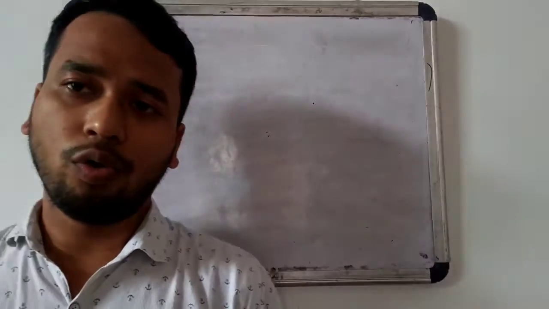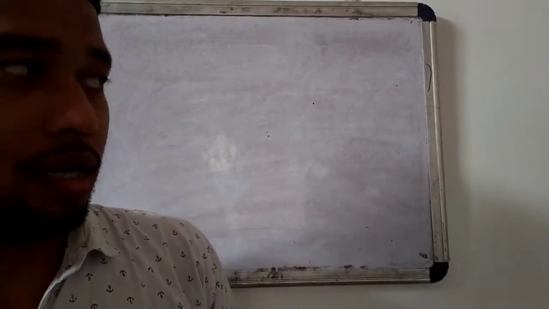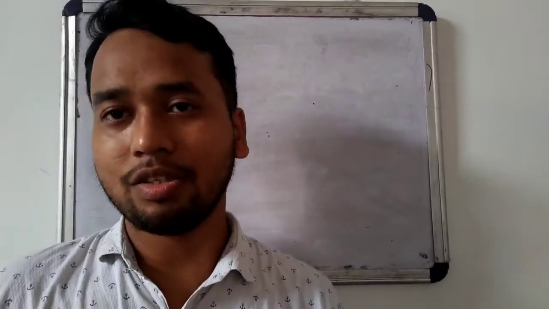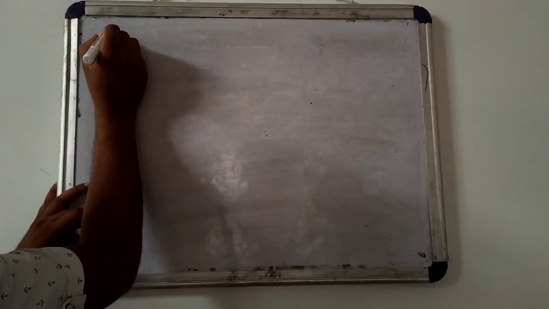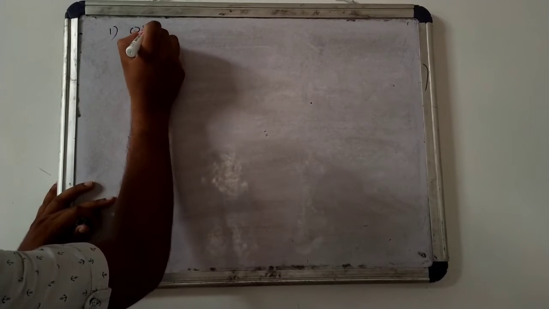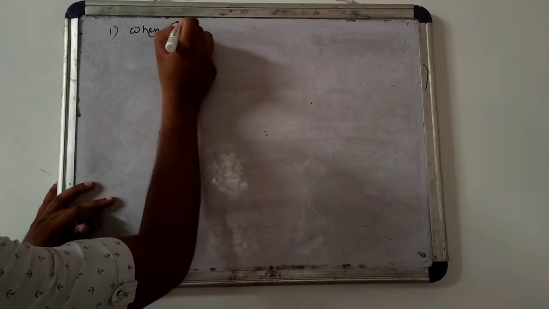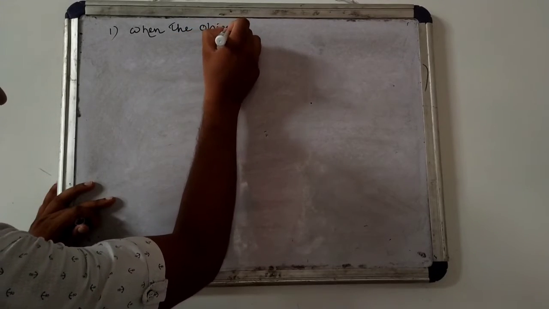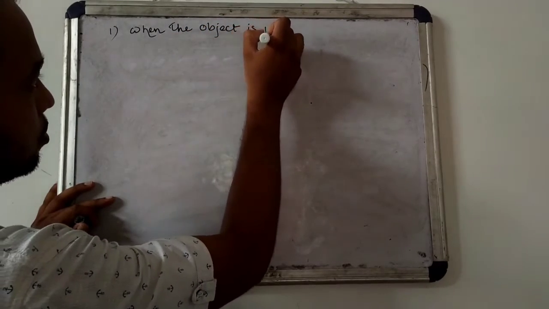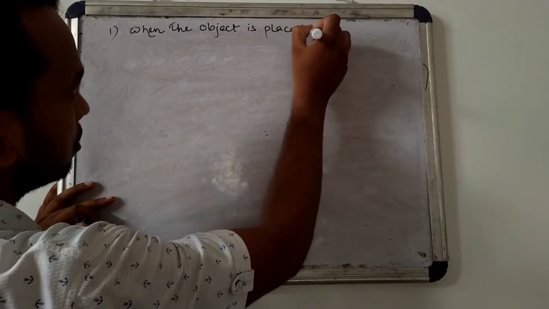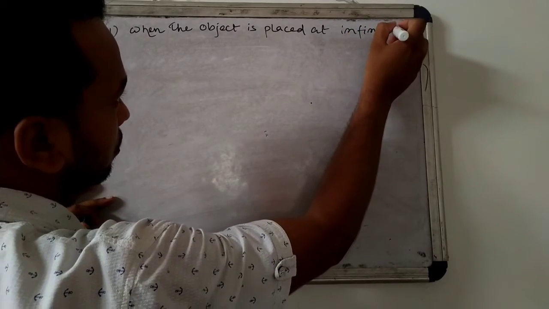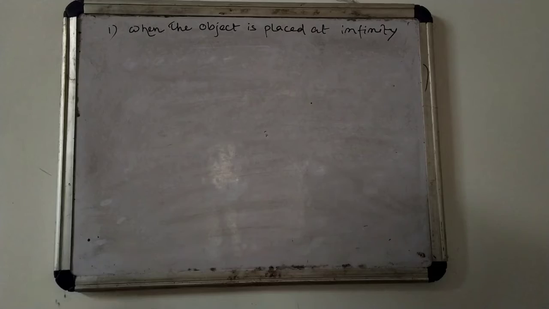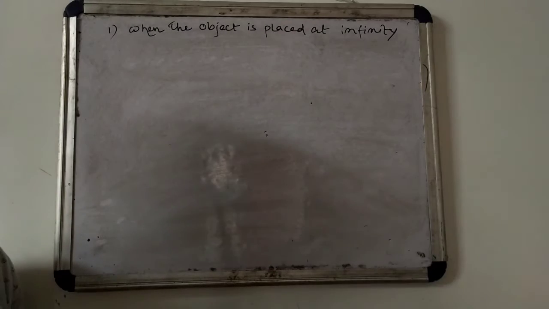So based on these rules, we will draw the image in case of concave and convex lens for various positions of the object. Number 1, when the object is placed at infinity.